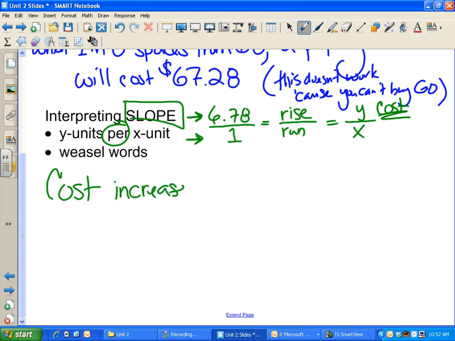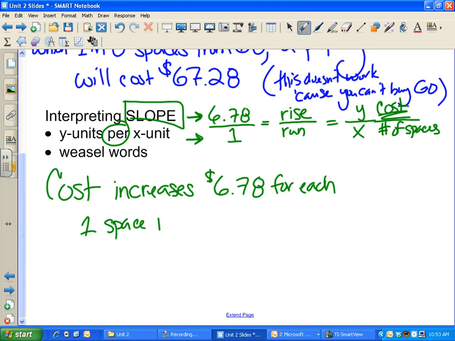Cost increases $6.78 per 1x. Well, x, remember, is the number of spaces. So it's changing every one space I go. So cost increases $6.78 for each one space from go.